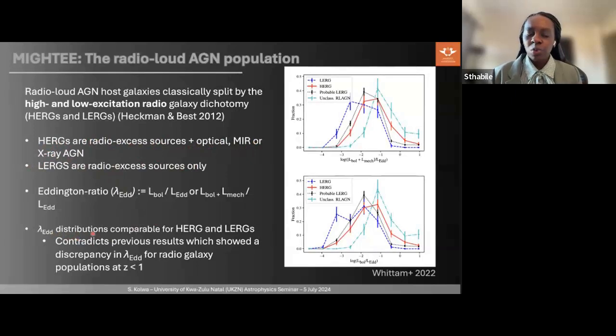And while at redshift 1, there's a clear distinction between the Eddington ratio distributions, as we go further out to redshift 5, the distributions overlap very significantly, and it becomes more and more difficult to tell these sources apart, essentially, in terms of their Eddington ratios. And that's quite an interesting finding, because it maybe doesn't contradict, but it shows us something new about high and low excitation radio galaxies.